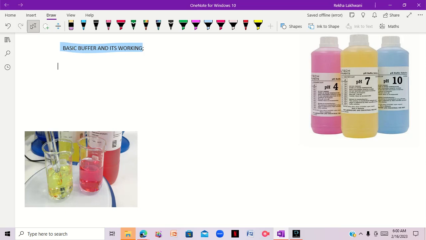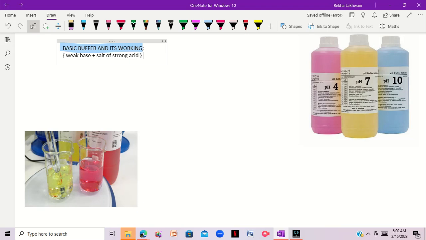Okay, so let's start with basic buffer. So what is basic buffer? A basic buffer has a solution of a weak base plus a salt of a strong acid.